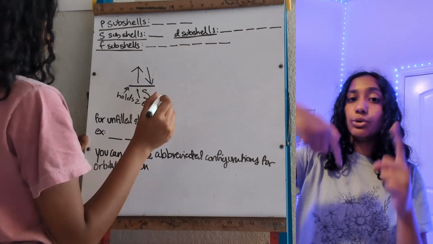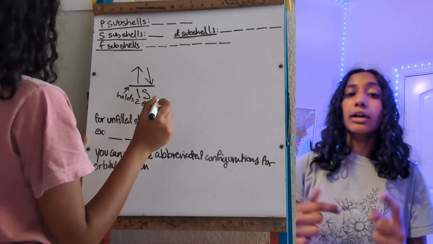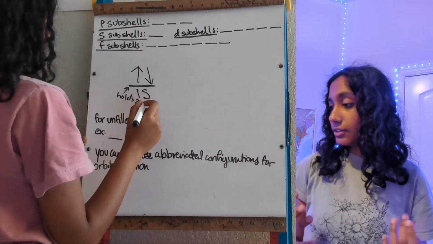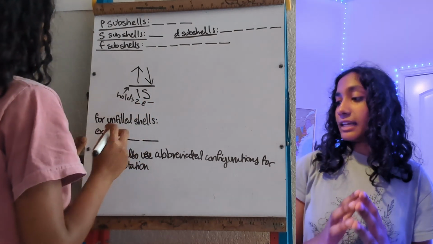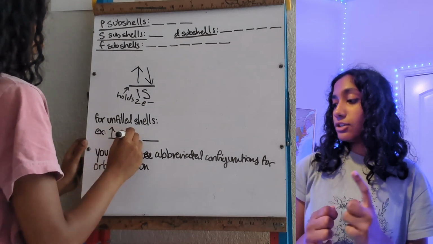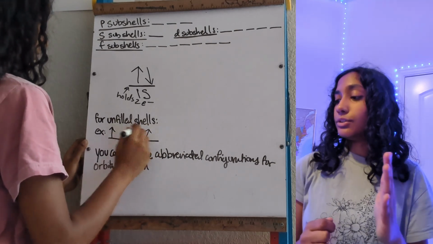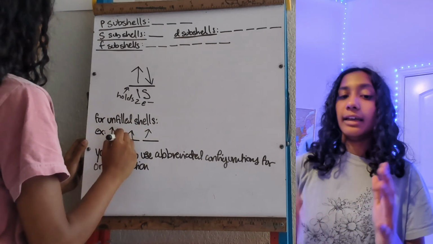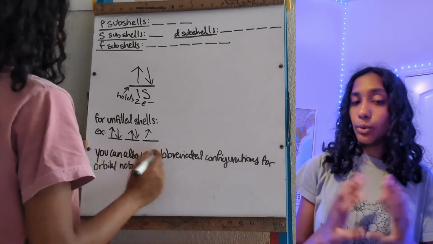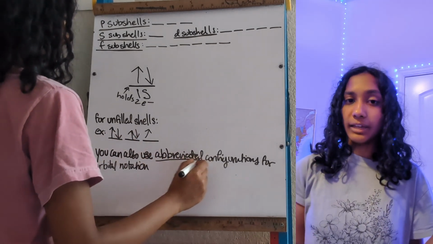This represents how 2 electrons in the same orbital will be spinning in opposite directions because electrons repel each other. For the sublevel that's not filled in, put 1 electron in each orbital before you start doubling them up and adding 2 electrons. You can also do an abbreviated orbital notation using noble gases.